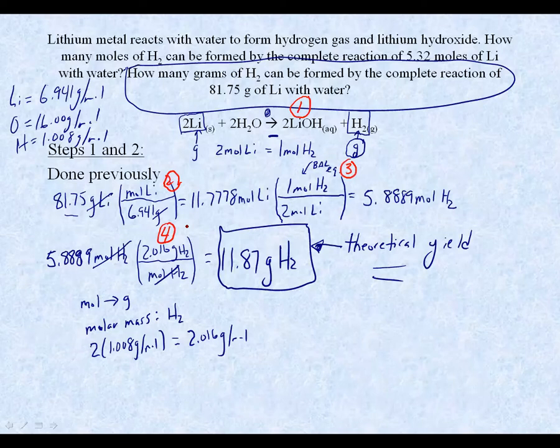If you just follow those steps in order, you should be able to do any basic stoichiometry problem that you come across. If one of those steps is done for you, you just continue to the next step. Any questions on basic stoichiometry type problems?